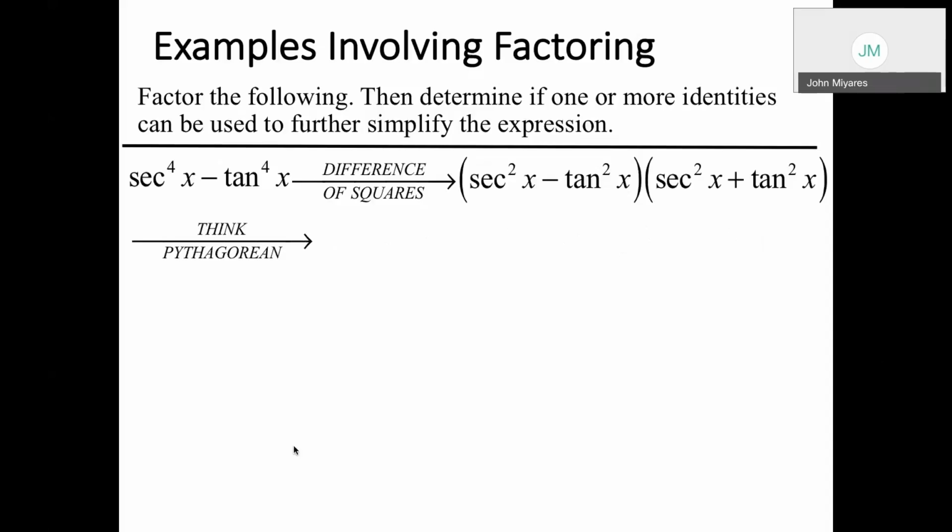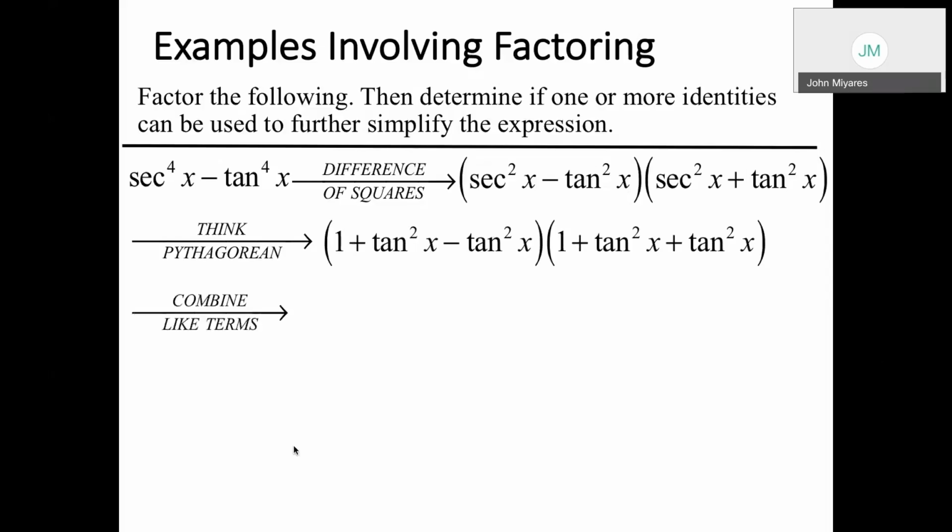The second Pythagorean identity says 1 plus the tangent squared of theta equals the secant squared of theta. So I can substitute that in everywhere I see a secant squared, which is going to give me this expression that only has tangent squared terms in it.